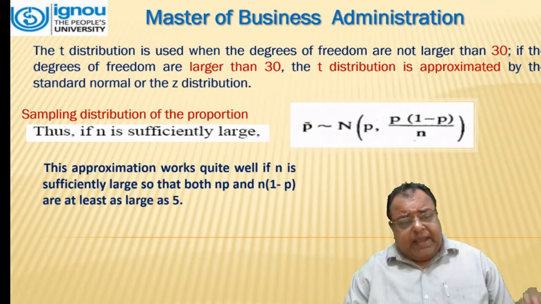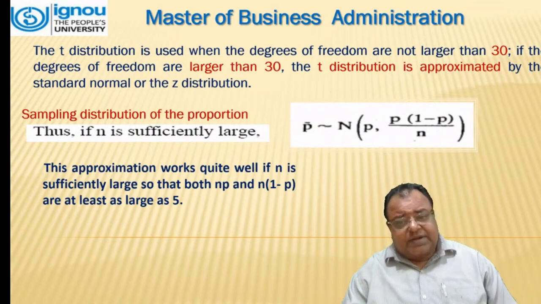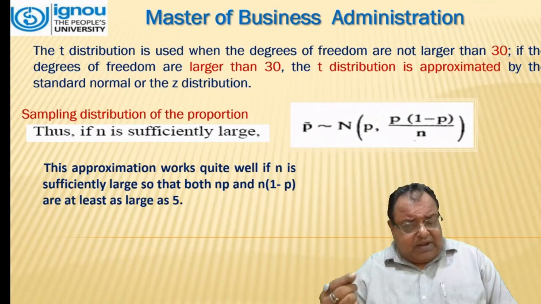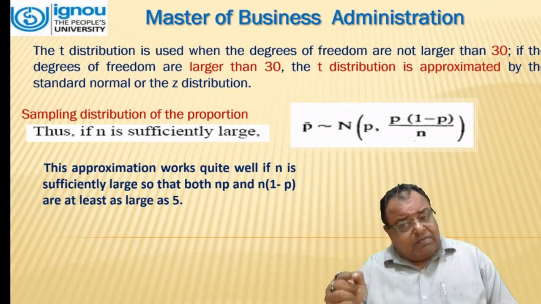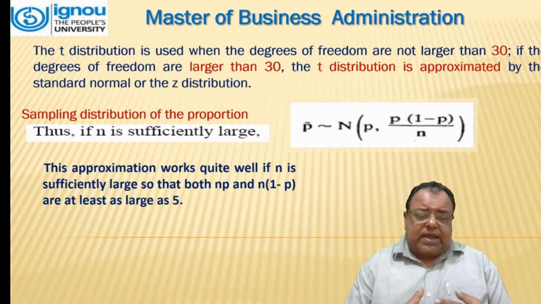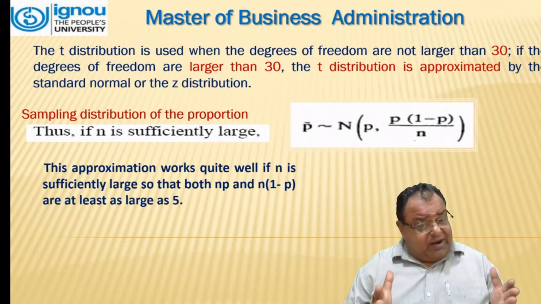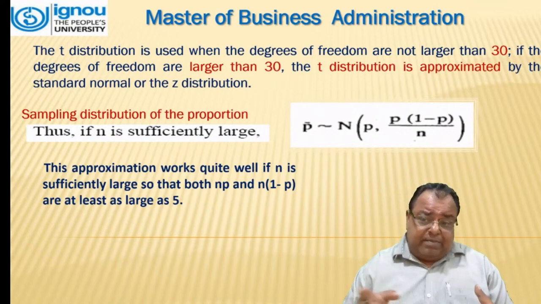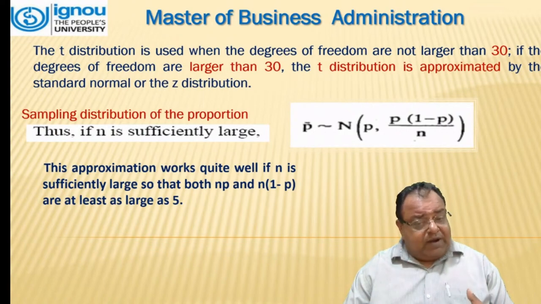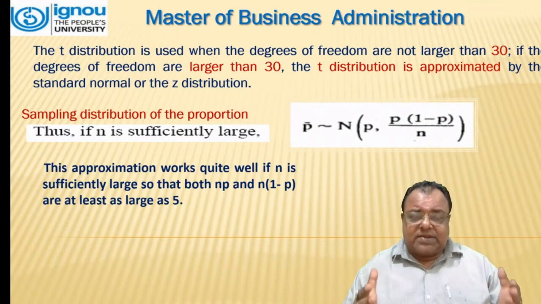If n is sufficiently large, then what we have to find is the probability, and it will be a function of p(1 - p), that is, in other terms, pq upon n. This approximation works quite well if n is sufficiently large so that both np and n(1 - p), that is nq, are at least as large as 5.